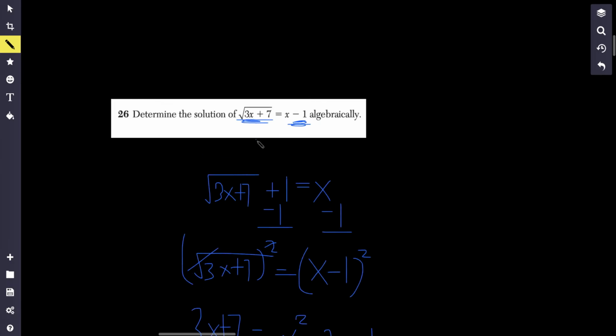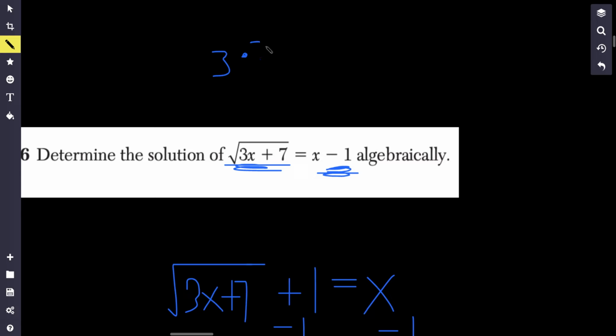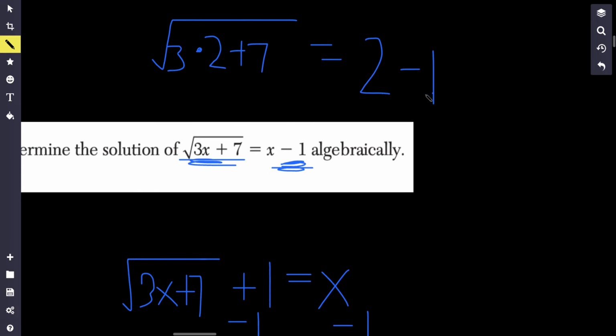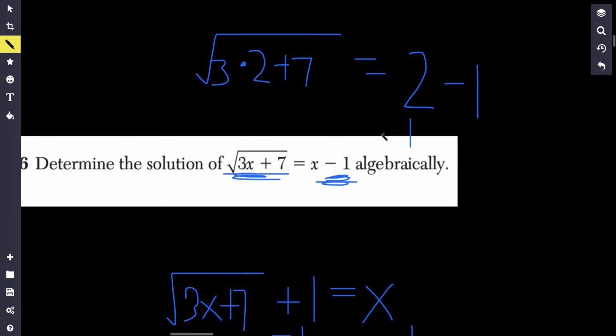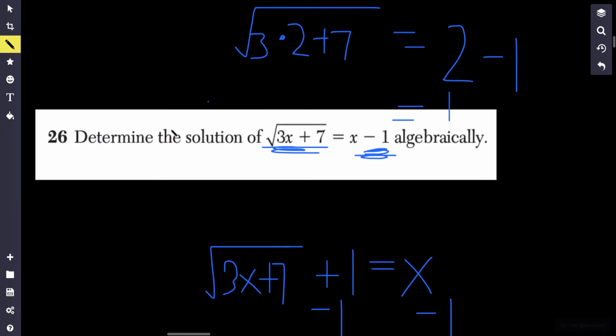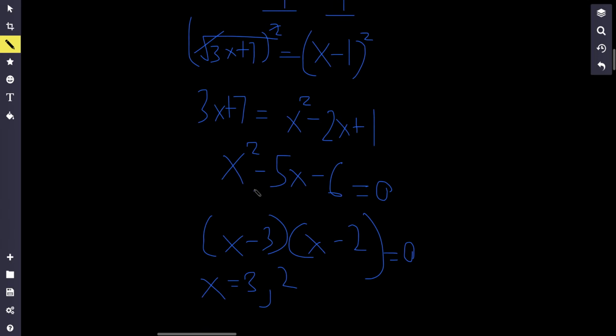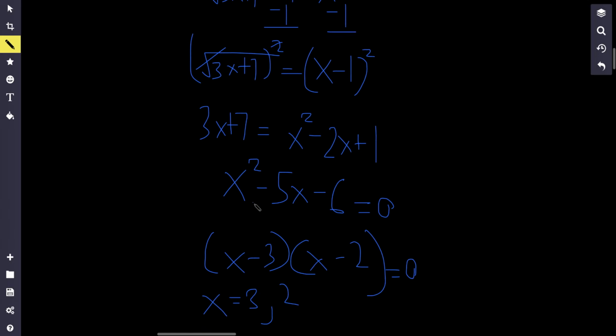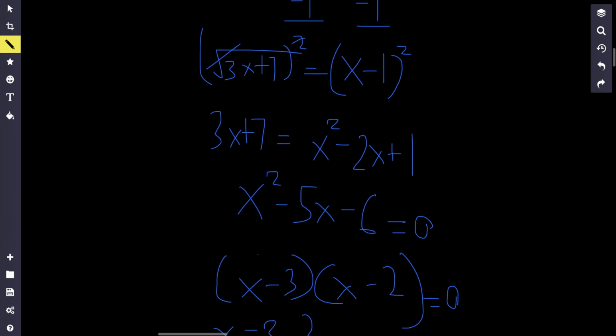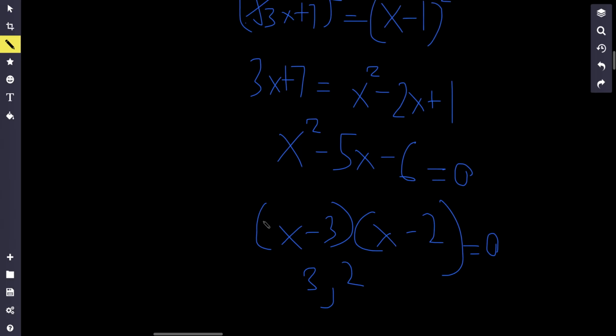So let's plug in 2 for x. I get the square root of 3 times 2 plus 7 is equal to 2 minus 1. So this is equal to 1. And I get, wait, no. No, I did this wrong.